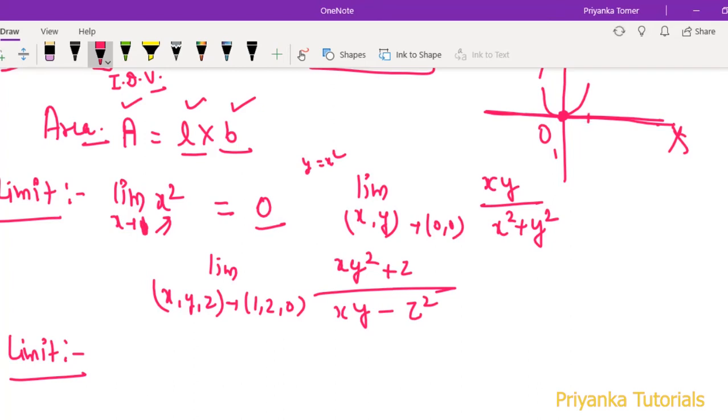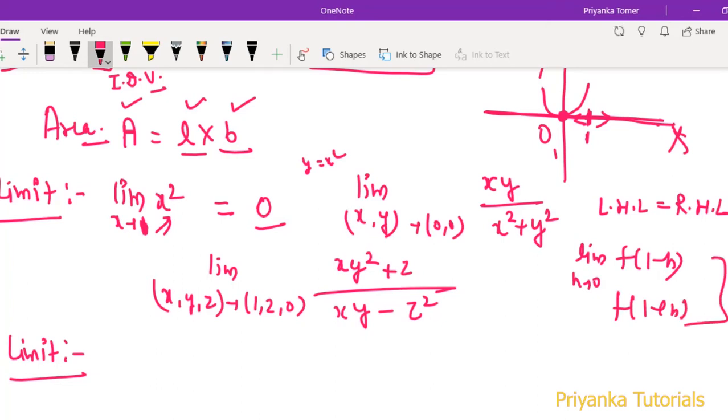You have studied this one. When you have to calculate a limit, you just check the left hand limit and right hand limit. If they are equal, that means the limit exists. That means suppose you have to calculate the limit around this point, then you just go on the left, you just go on the right. This is how you used to do it: limit h tending to 0, you would take f of 1 minus h and you would take 1 plus h. If the limit is the same, then the limit exists, right?